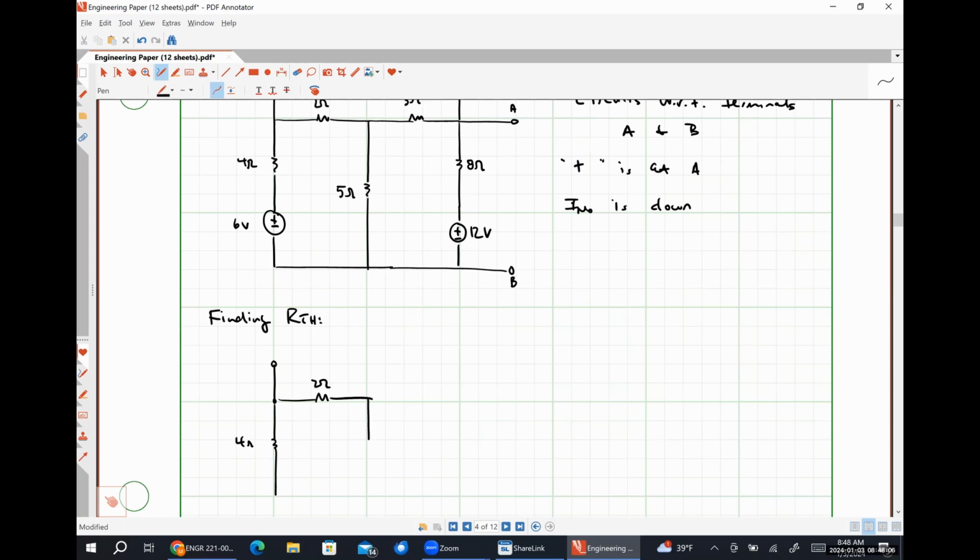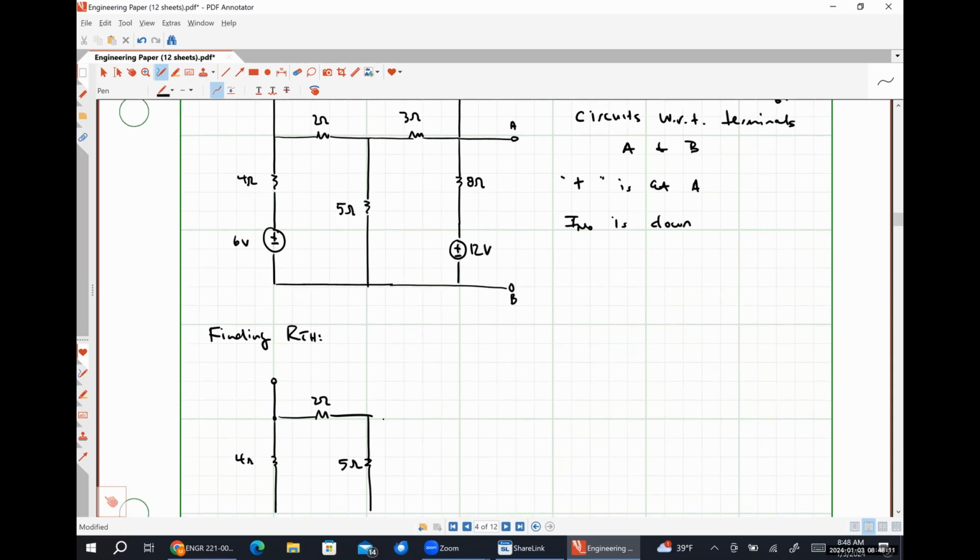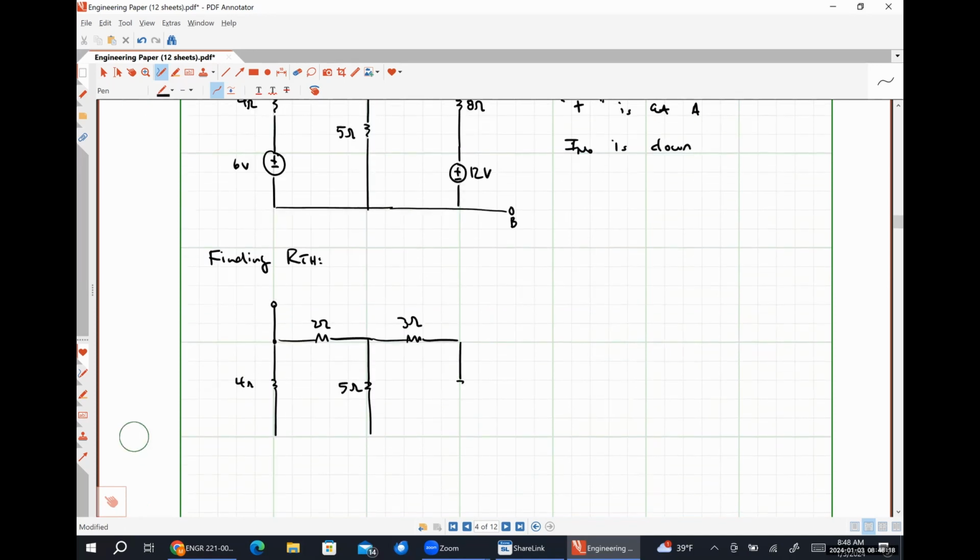So here I'm going to see a 4 ohm resistor, 2 ohm resistor, 5 ohm resistor, 3 ohm resistor, 8 ohm resistor. And because I'm finding the Thevenin equivalent circuit with respect to terminals A and B, I need to look into terminals A and B. So what do I see?